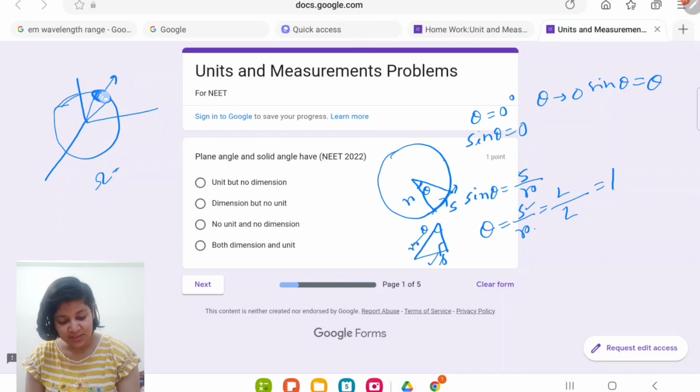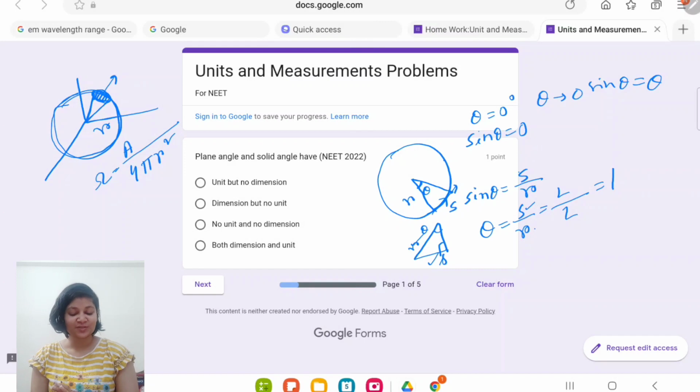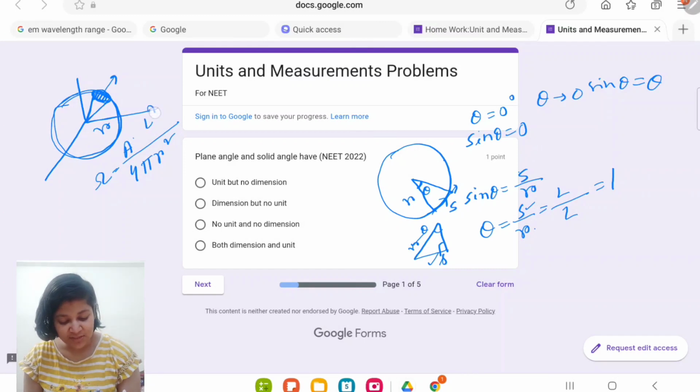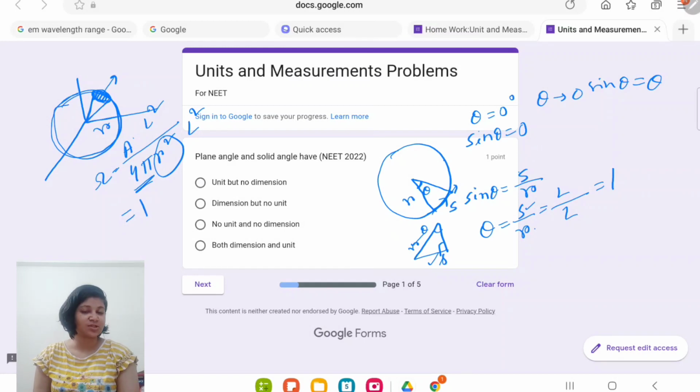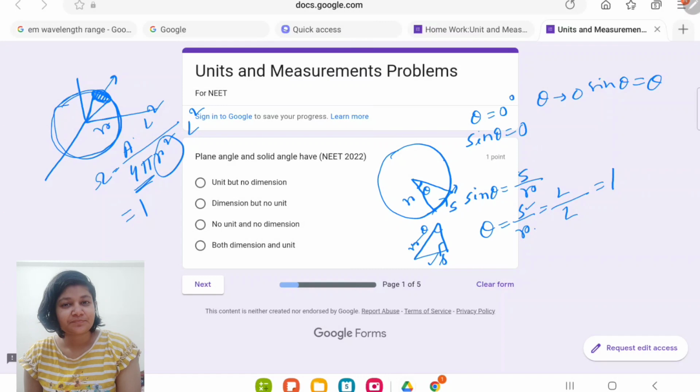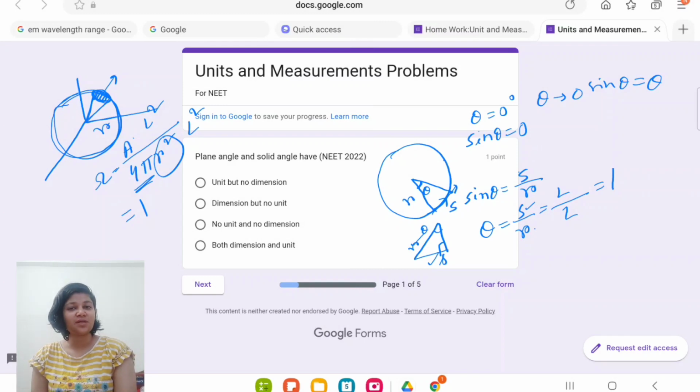If we call the area of this surface as A, then the solid angle is A divided by 4 pi r square, which is the surface area of the sphere if the sphere has a radius r. Now area has the dimension of L square, 4 pi is a dimensionless quantity, and r square, which is radius square, also has the dimension of L square. So omega, or the solid angle, is also a dimensionless quantity, but both of them have some unit.